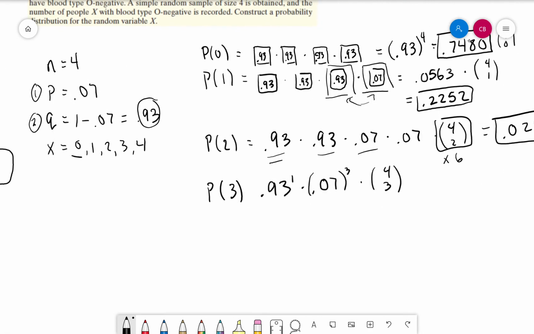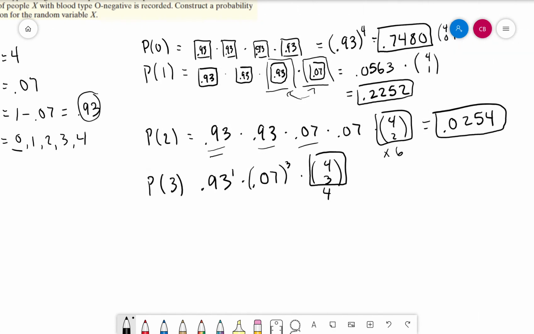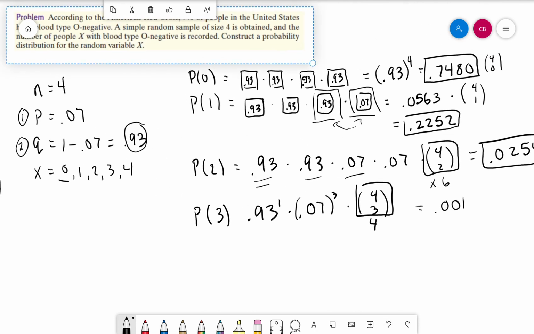So times 4, and this is going to equal 0.0013.